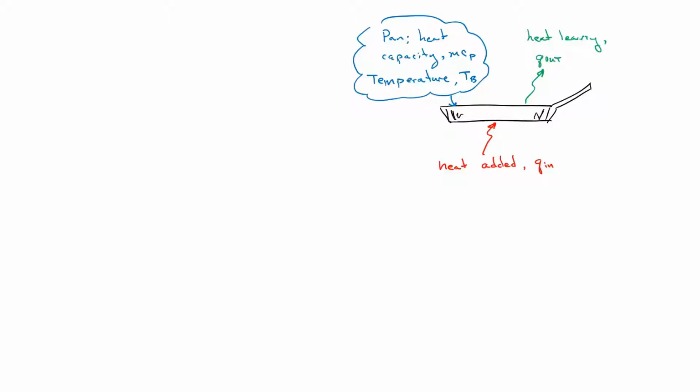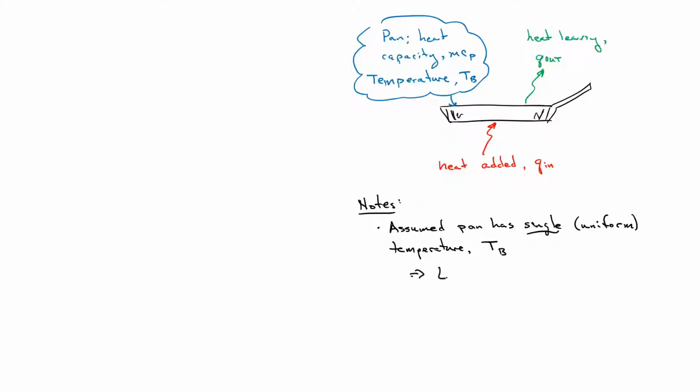Now before I throw some equations around, let's make a few observations about this. This one's really important. We've assumed that the pan has a single temperature, T sub B. So there are no temperature variations across the pan. Every point in that pan has the same temperature. That implies that this is a lumped parameters model.